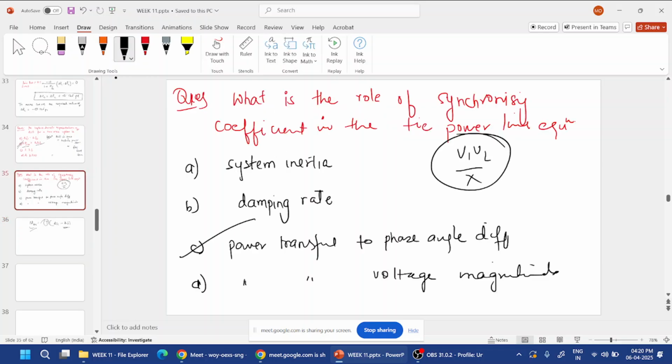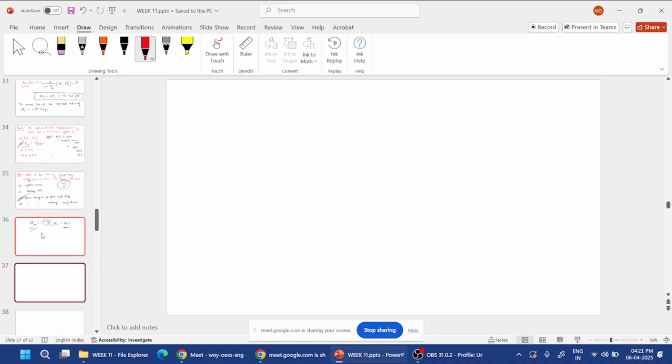So C is the correct option for this question. Okay, so I hope you have understood these things, and I will provide some more questions in this PDF so you can clearly understand.